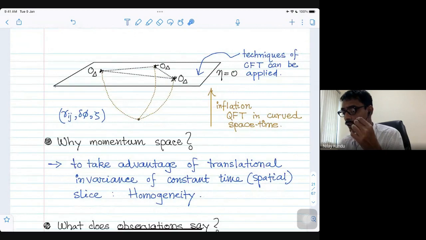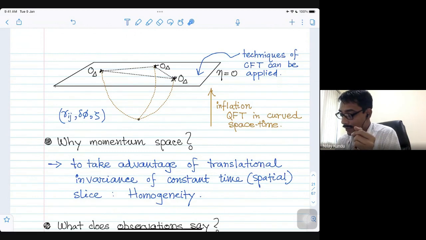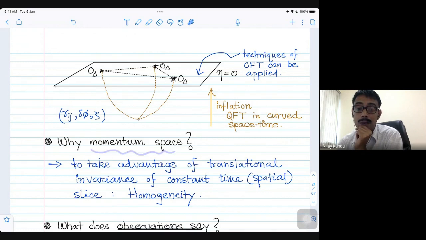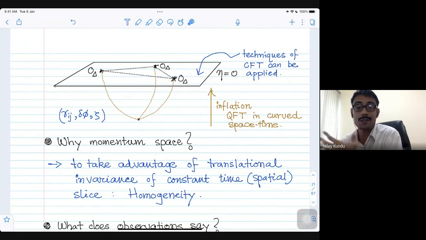Because on this slice we roughly have homogeneity, and using translational invariance of the constant time slice, it's very natural to organize things in momentum space. So in CMB observations, we should apply the techniques of conformal symmetry.